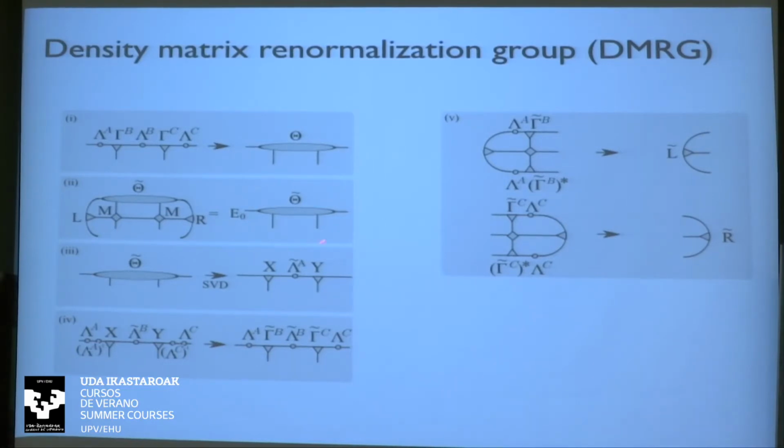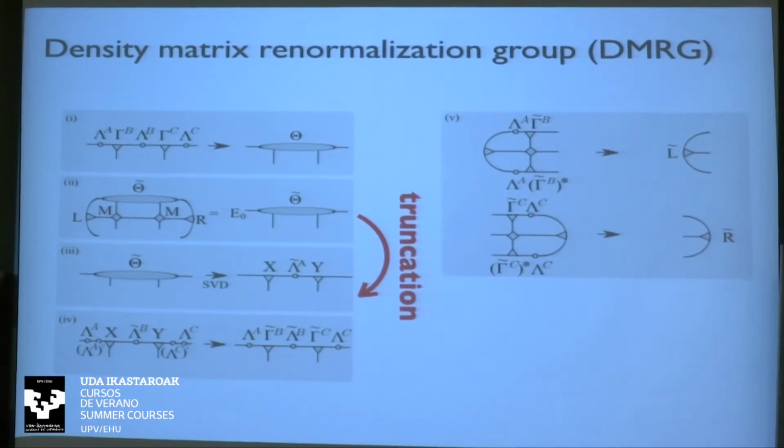We just use some standard tools for finding the ground state of this effective Hamiltonian. And now we have a new updated wave function, which again we bring back to the canonical form, and we just start over. Then we move to the next site or bond, depending on how we do the update, right? So this is an algorithm similar to what we had before, where the bond dimension increased, so we would have to do some truncation at this step again.